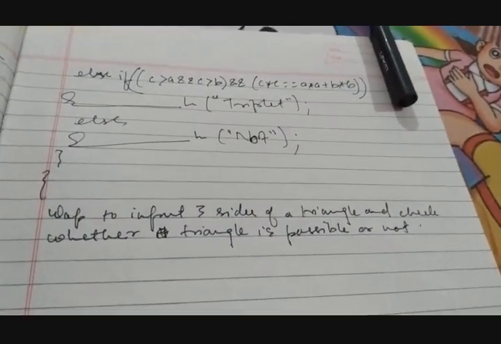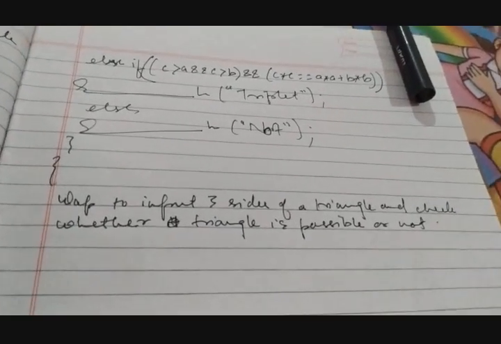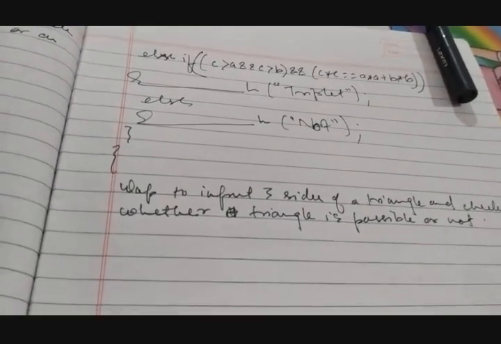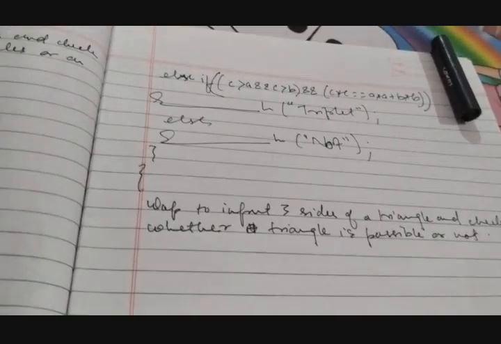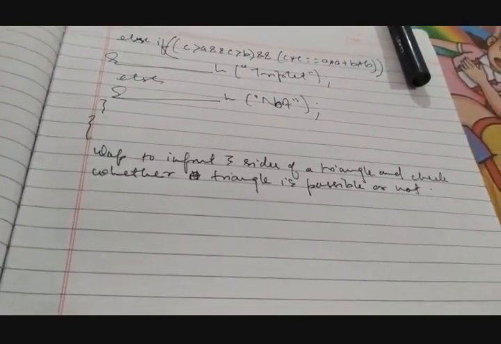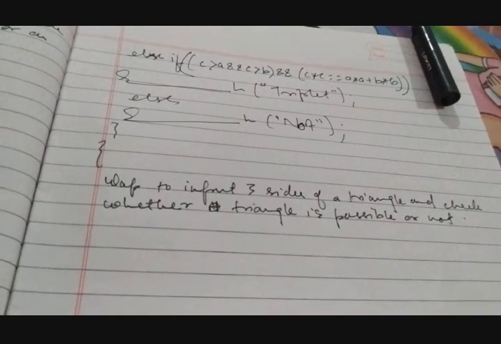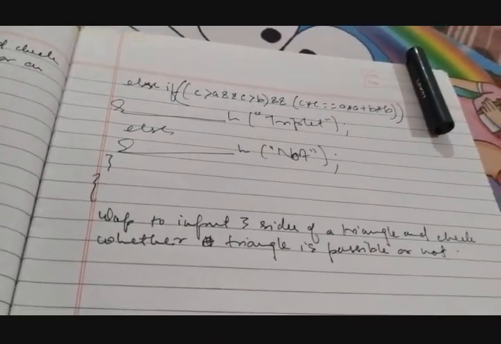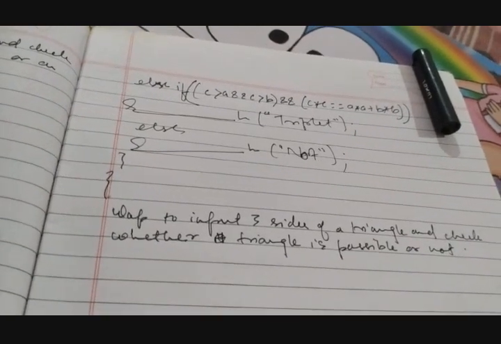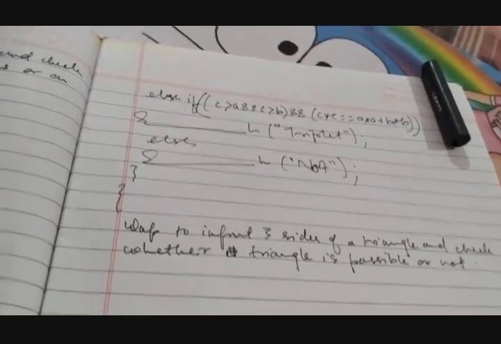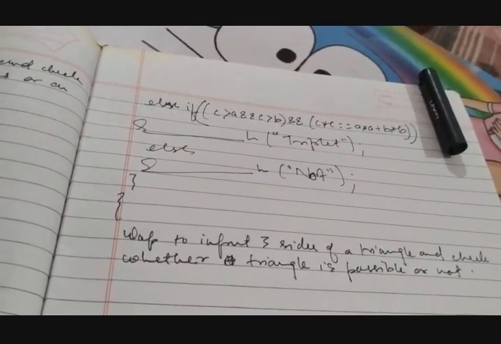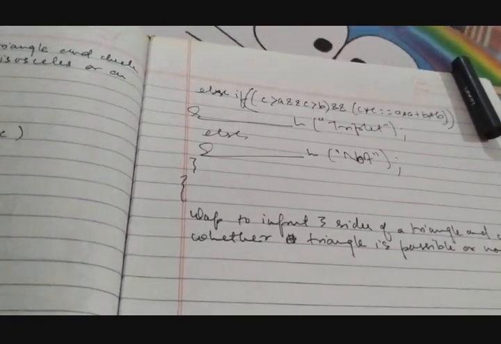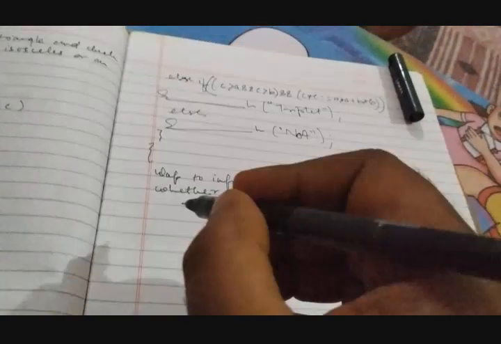We need to check whether the triangle is possible or not. Now one property of a triangle: when the sum of two sides is always greater than the third side, then only the triangle is possible. Always. Is it? So we are going to write that program.